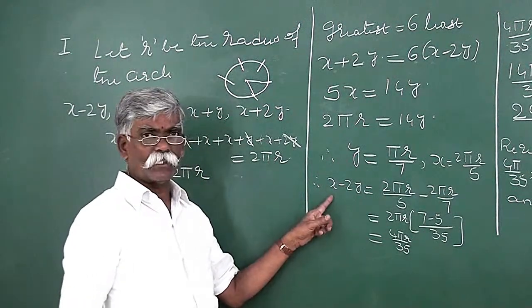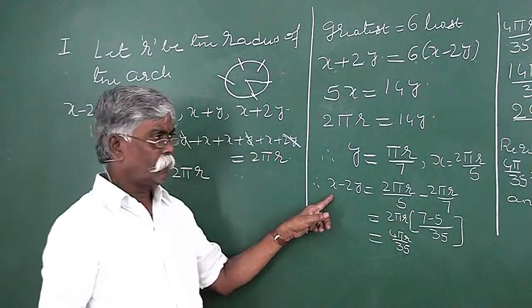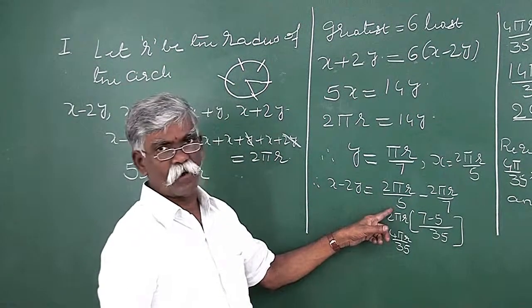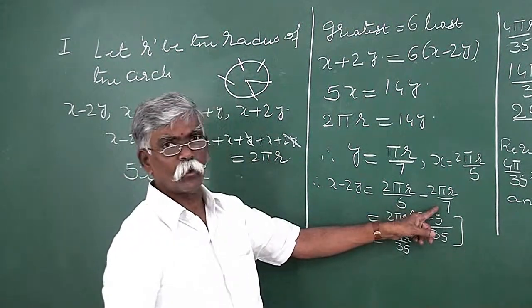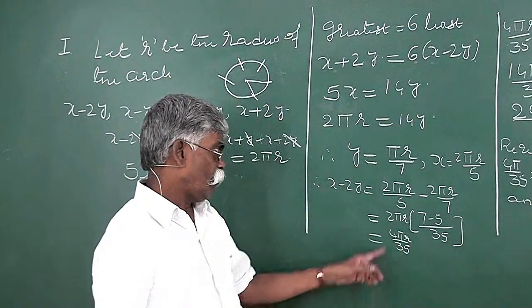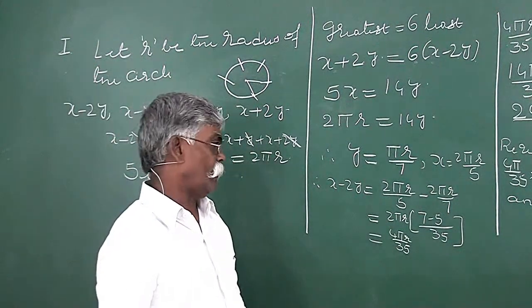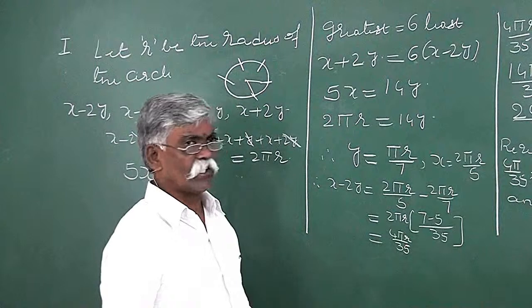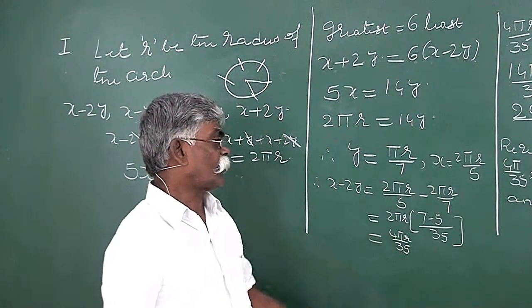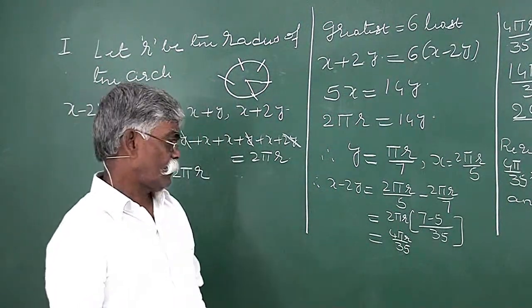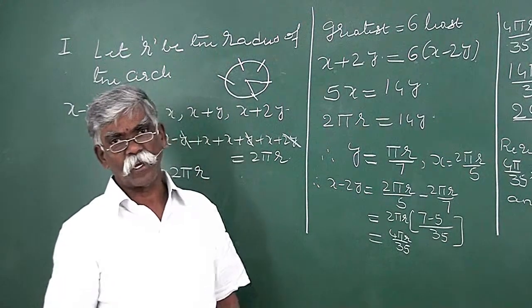Now the first angle is x minus 2y. The x value is 2 pi r by 5 minus 2 pi r by 7. We have taken 2 pi r as common, and after taking the LCM, the lowest is 4 pi r by 35.